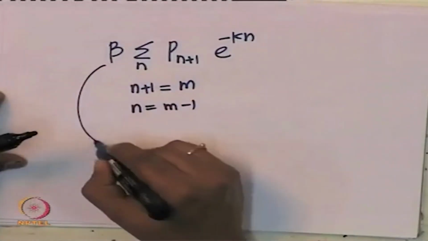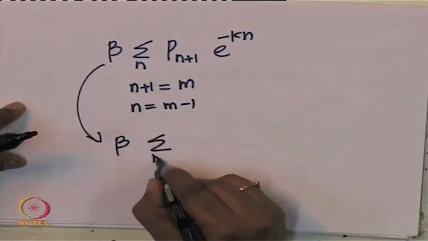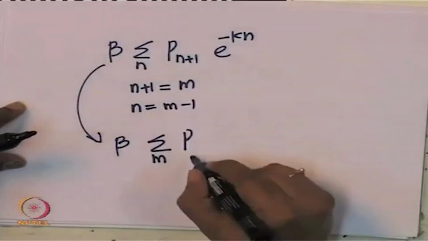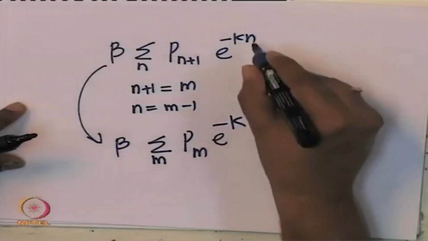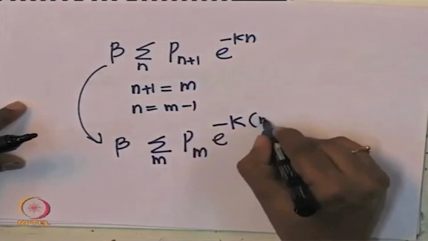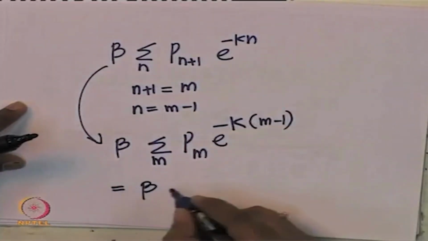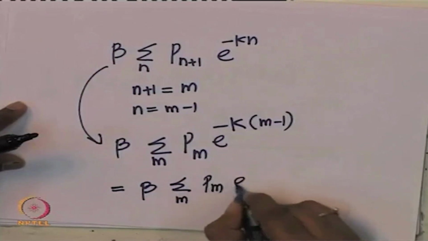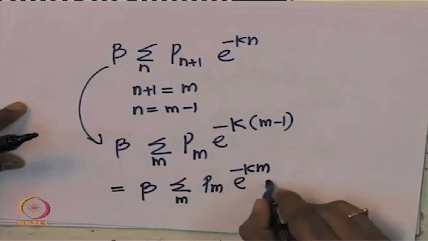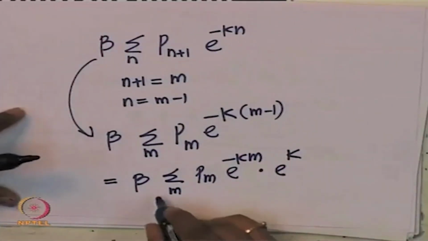So, this whole thing becomes beta times sum over m, p n plus 1 becomes p m, e power minus k n becomes e power minus k times m minus 1. So, this is m minus 1. So, what is this? Beta times sum over m p m e power minus k m into e power plus k.